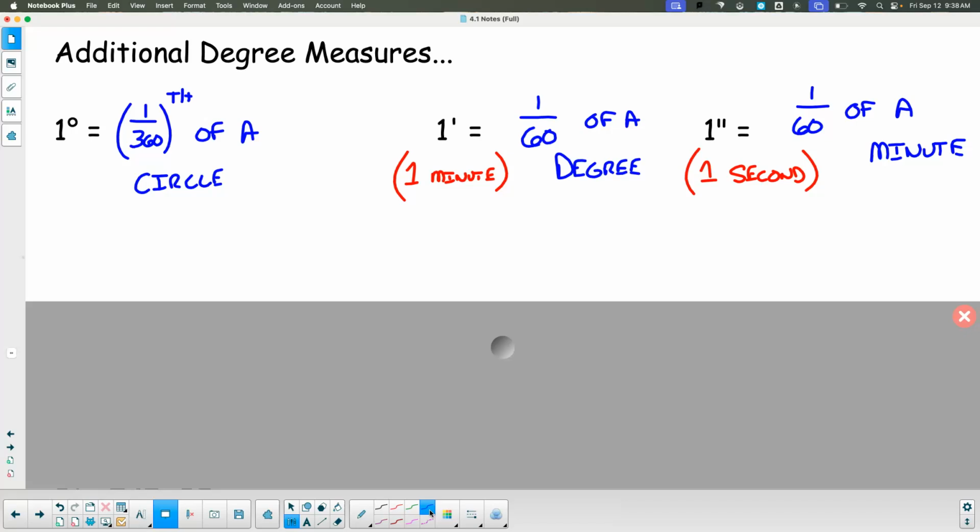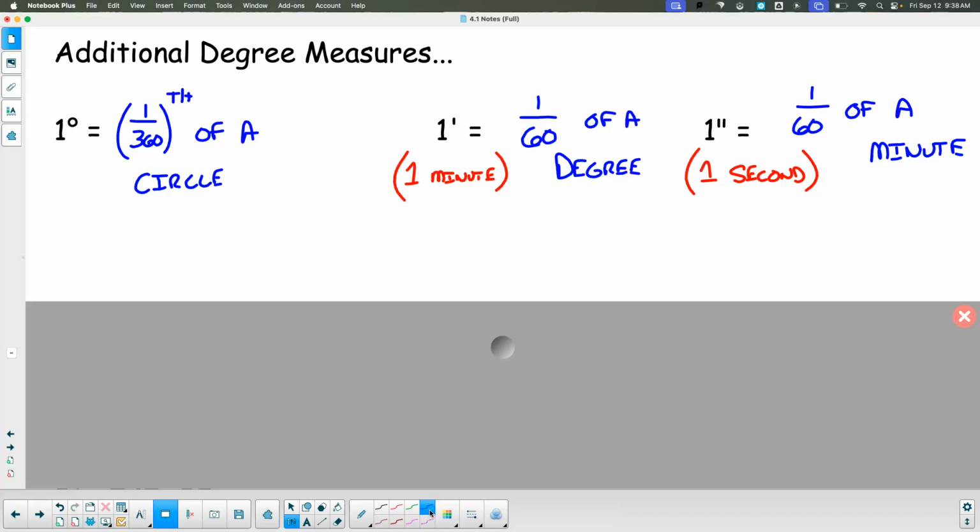So a degree is 1/360th of the whole circle. A minute is 1/60th of that degree. A second is 1/60th of that minute.